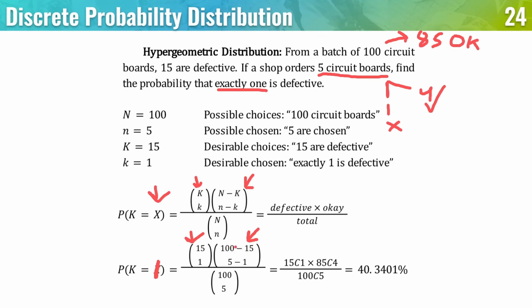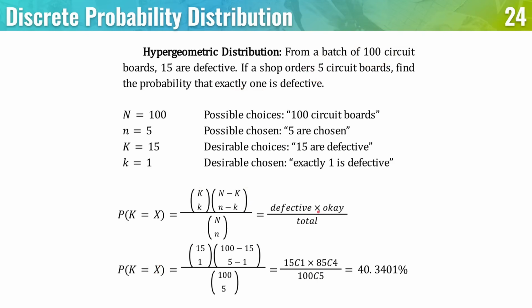That's why we use 85C4 for this one. And this one at the bottom, capital N choose lowercase n, is going to be 100 choose 5 or 100C5. It's because out of the 100 circuit boards, we choose 5 of them.